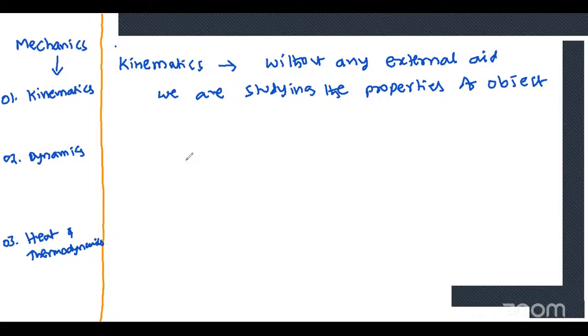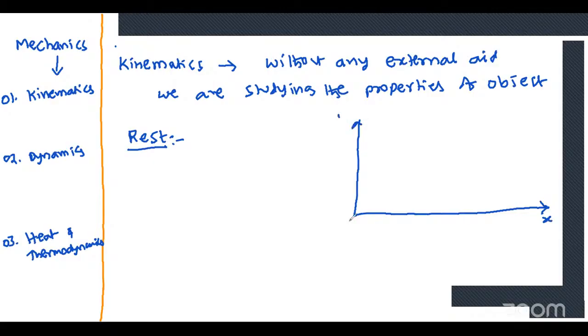Firstly, I'll consider when we can say that the object is at rest. Consider the Cartesian coordinate system.